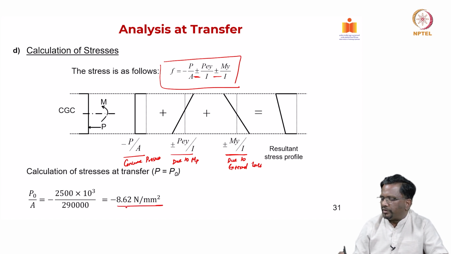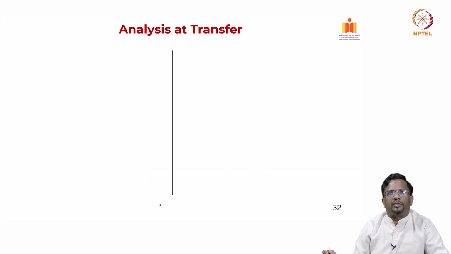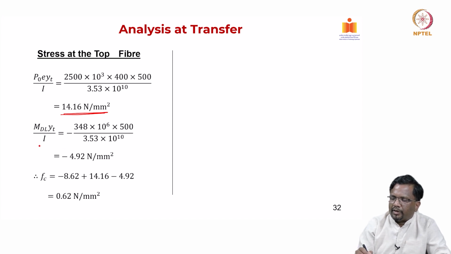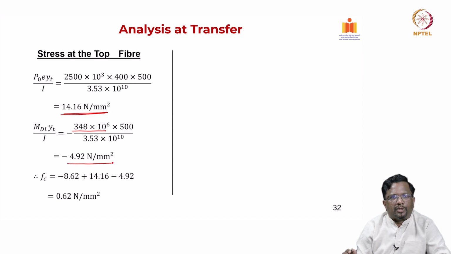P naught by A is 8.62 megapascal. Now, let us look at the stress at the top fiber, which is 14.16 megapascal, and the dead load, because at transfer we are going to have only dead load moment. So, that is the reason we are taking only 348, and at the top it is going to create compression, which is negative 4.92 megapascal.